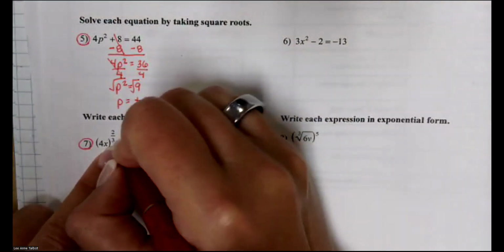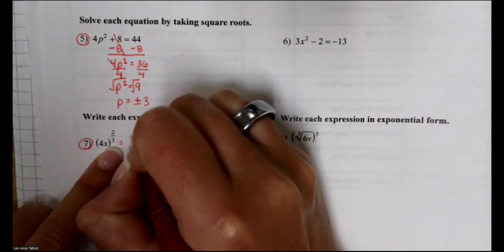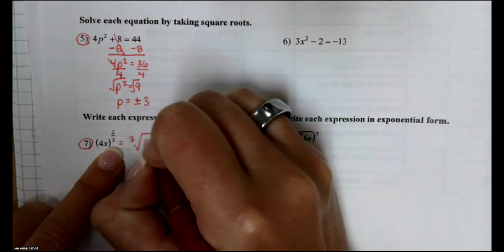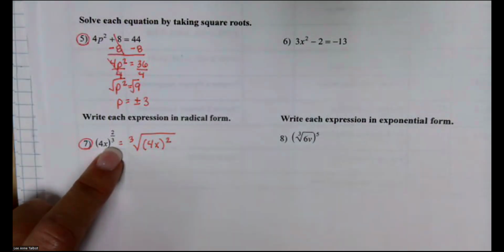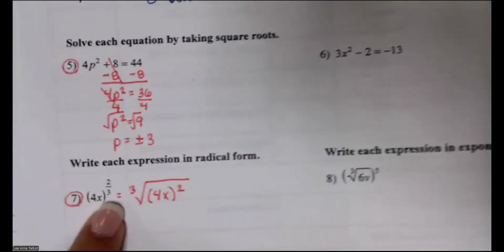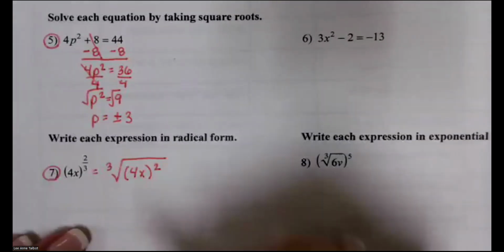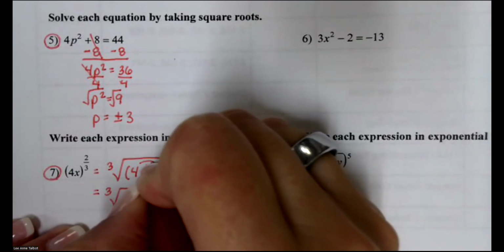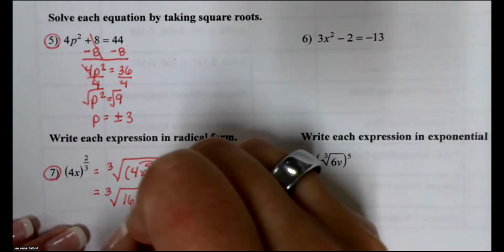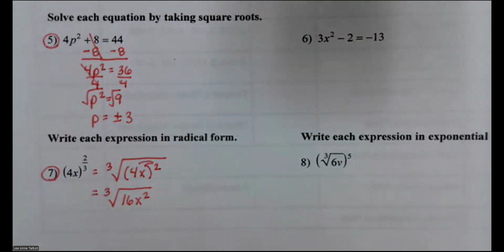The denominator goes outside, and the numerator goes inside. Then we're just going to clean this up a little bit, remembering your exponent rules. Done.